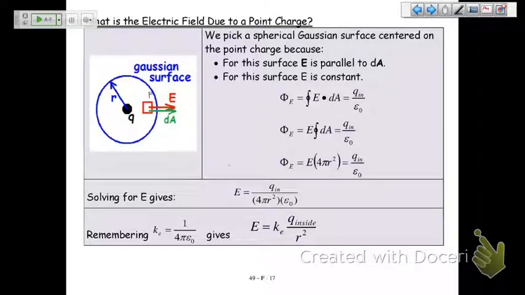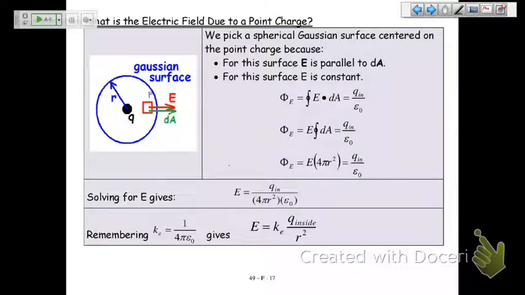If I pick a spherically symmetrical Gaussian surface, like a bubble, symmetrical about the point source of charge, then the radius to the Gaussian surface is always the same value. So my E on that surface is constant. Everybody okay with that?